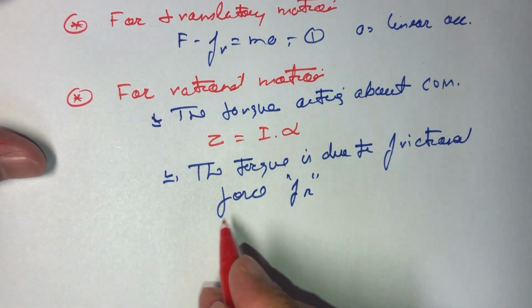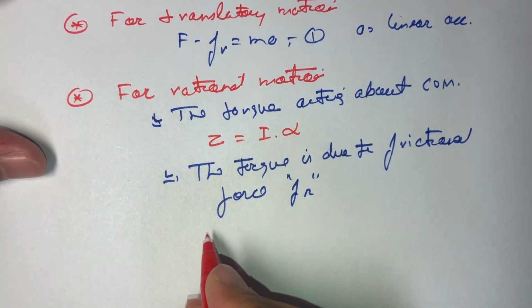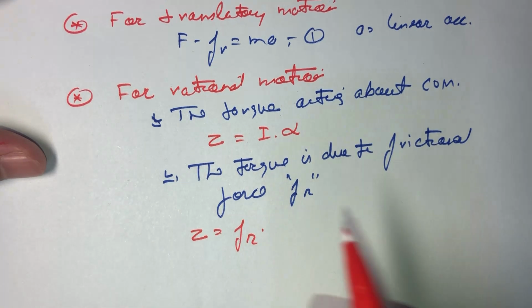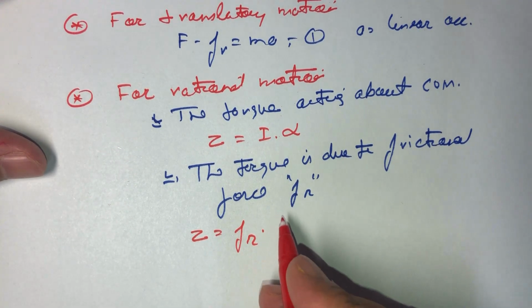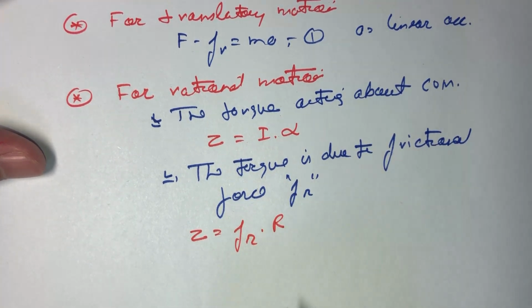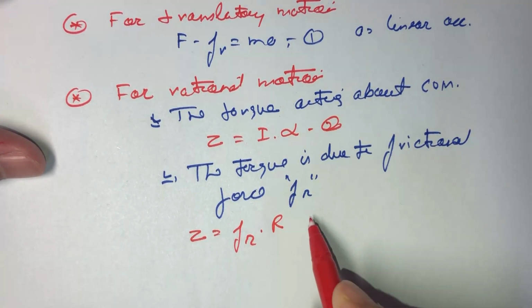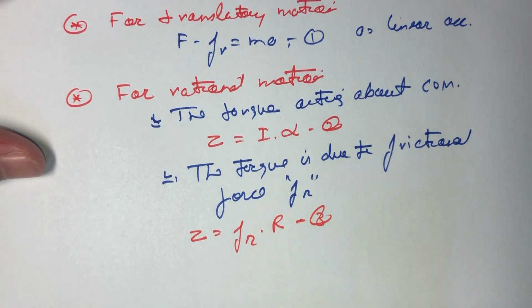Therefore we can write that tau is equal to Fr multiplied by the perpendicular distance, which is nothing but the radius, that is R. So let us call this equation number 2 and this equation number 3.